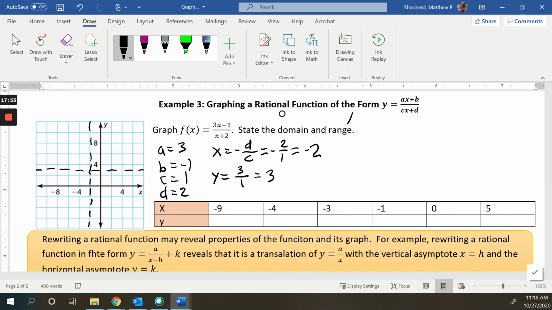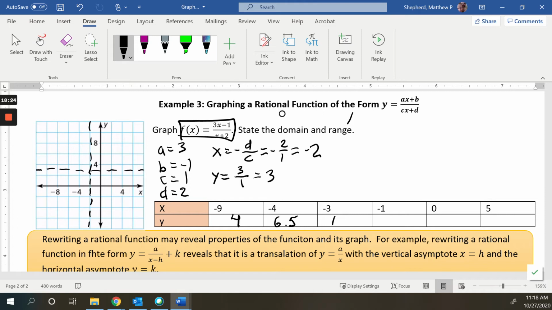So as I start filling in those numbers, if I put a negative 9 in for x, we will get 4. Put in negative 4, we get 6.5. I would advise you at this time to pause the video and make sure you're calculating the same numbers as me, just as a quick check that you are doing this correctly and you know how to use the calculator that you have chosen.